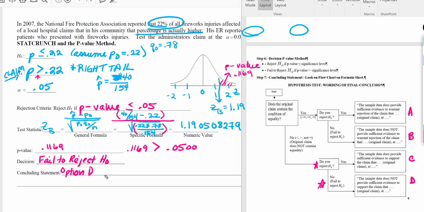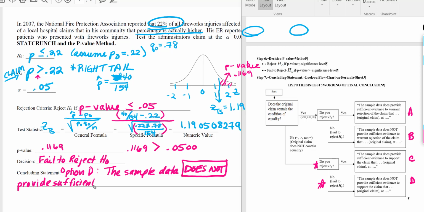And option D states the following. Okay, let's write it out here. The sample data does not, that's important words there, does not provide sufficient evidence to support, that's another important word, support.